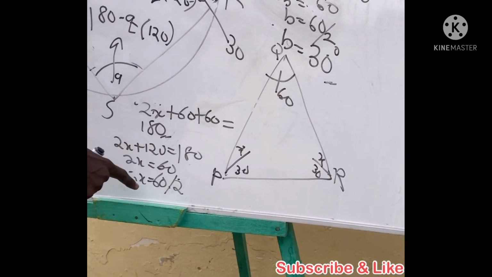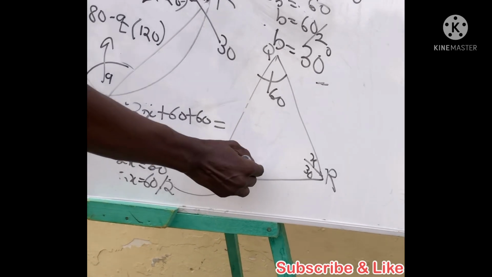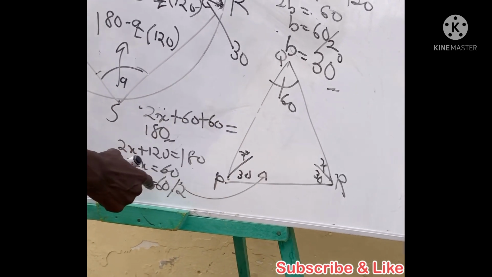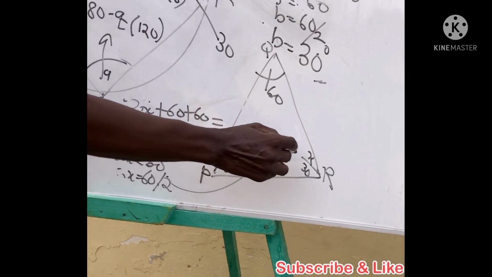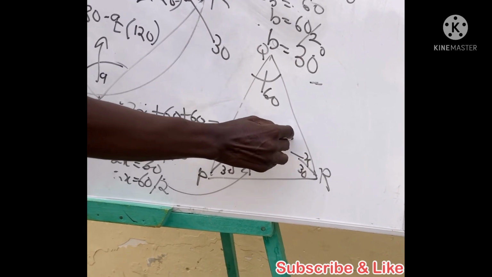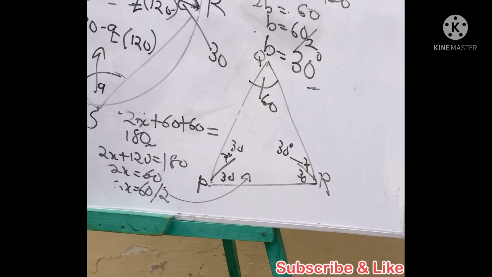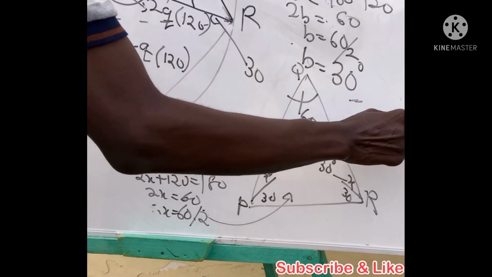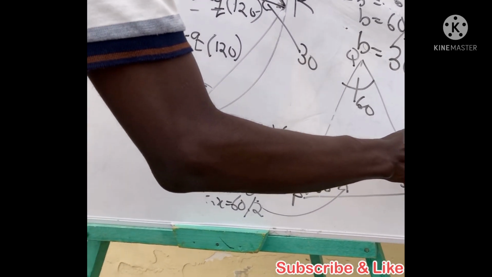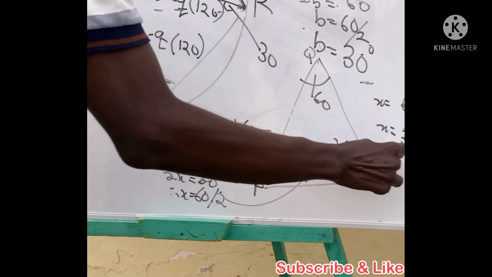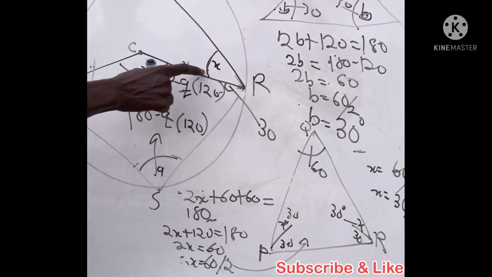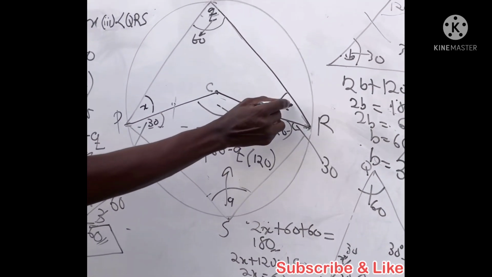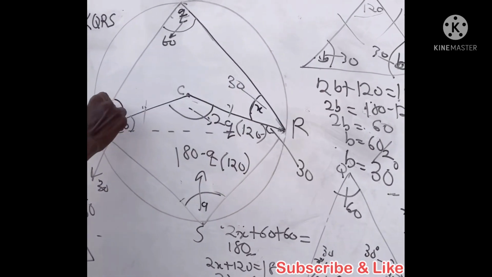Therefore, we can deduce from here that x is 30 degrees, because 60 over 2 is equal to 30. So our angle x is 30.